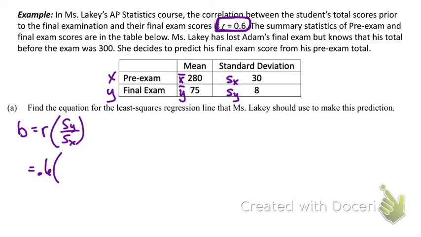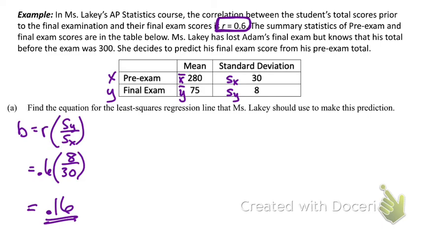This should be Y over X, very much like your slope is Y over X. Rise over run. So slope, this is what we're finding here, is slope. So you need to have Y over X here. Make sure you don't get caught in the trap of putting it the way it is in the table. 0.6 times 8 over 30 is 0.16.